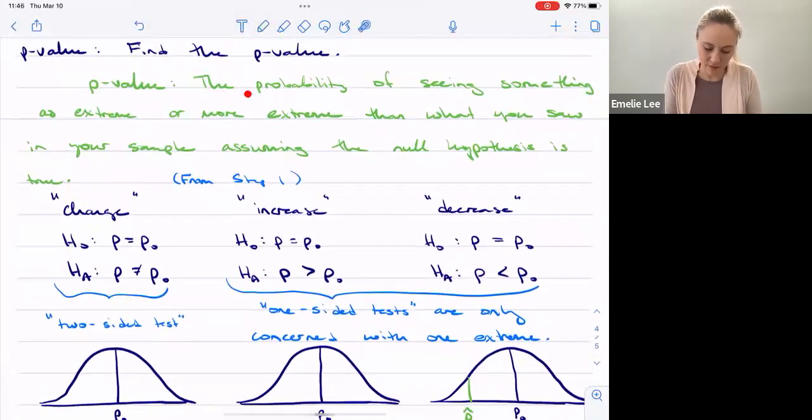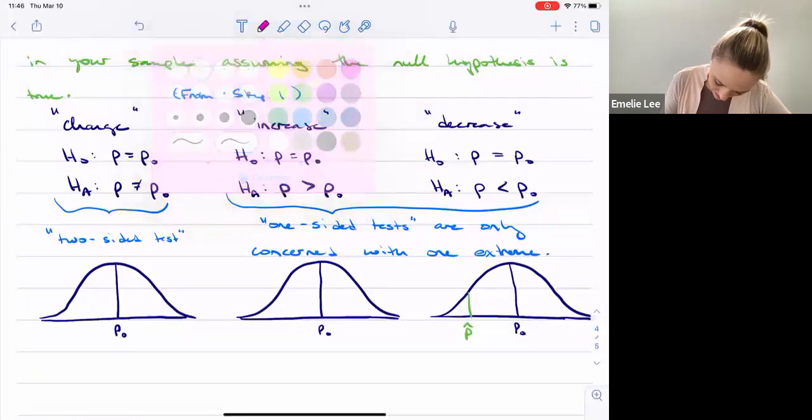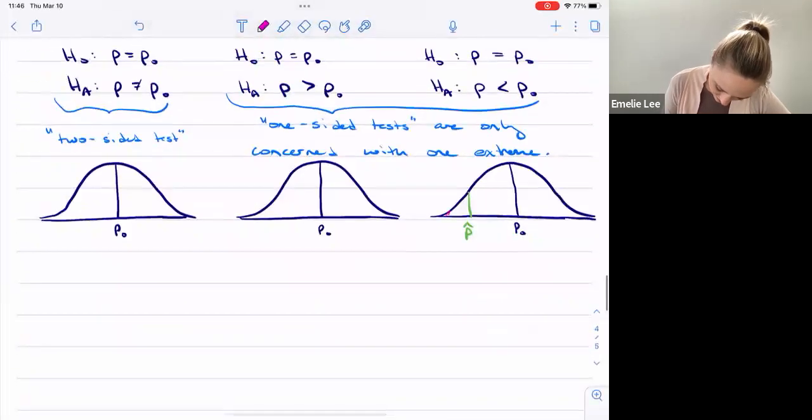The p-value is the probability, which we know is an area under the curve, of seeing something as extreme or more extreme, which means that the p-value is always going to be the area in the tail. So this area here is my one-sided p-value.